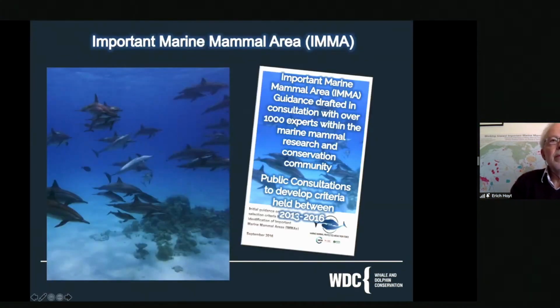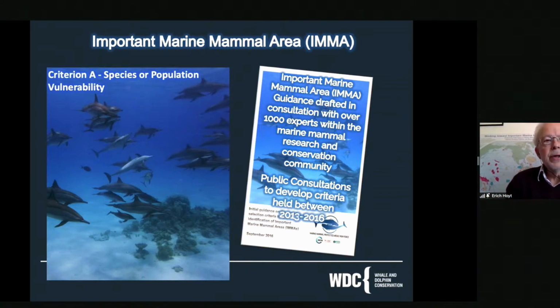So the important marine mammal area tool was developed with consultation of more than 1,000 experts over a 2 or 3 year period, and we came up with criteria that broadly match CBD EBSAs, ecologically or biologically significant areas, as well as key biodiversity areas, but they are not.